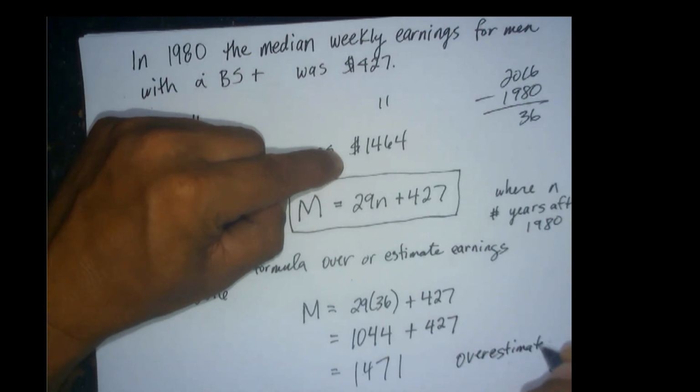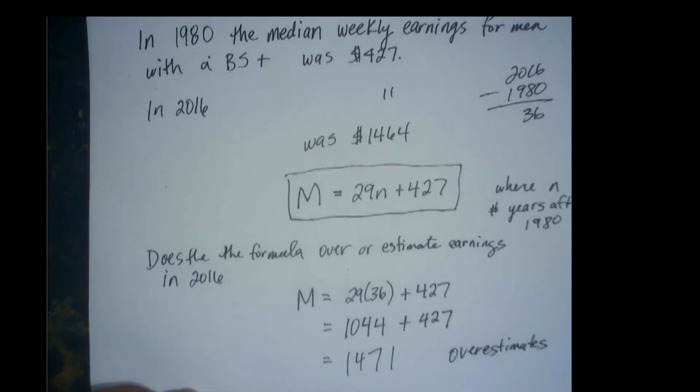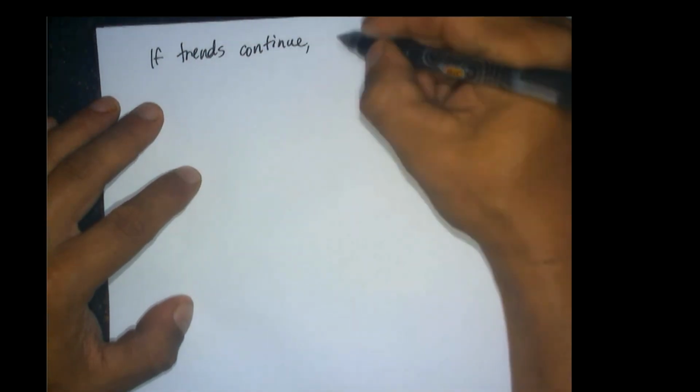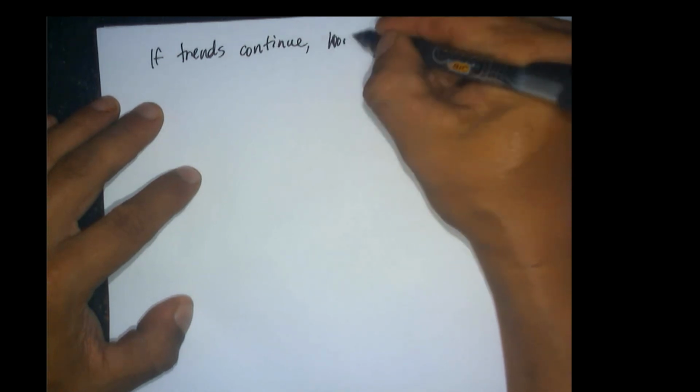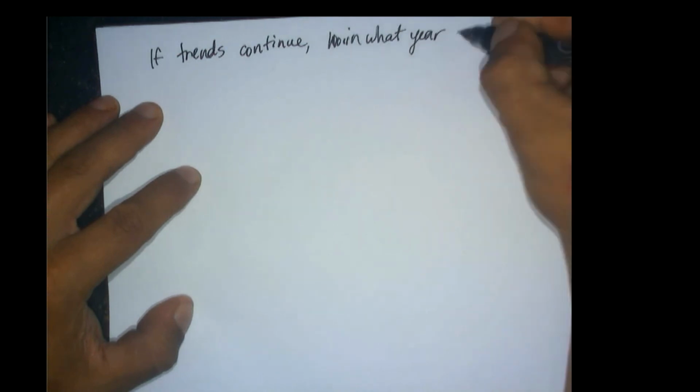All right, here's the second problem. This is where we get into the real algebra part. If trends continue, in what year will the weekly salary of men with a bachelor's degree be 1,732?